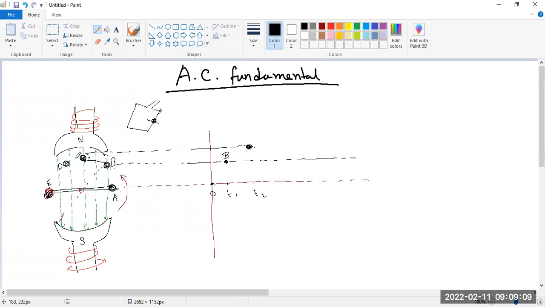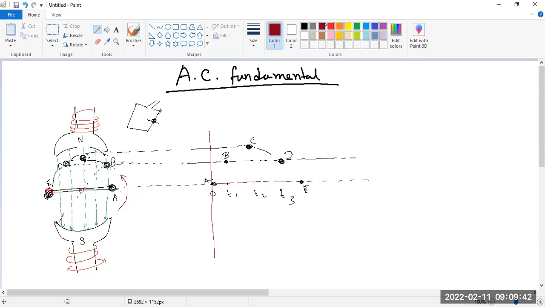Again it is coming from C to D position, just like B parallel, that is T3. This amount of EMF is induced. Again it is coming to E, and again you can see there is 0. So A, B, C, D, and this is E.